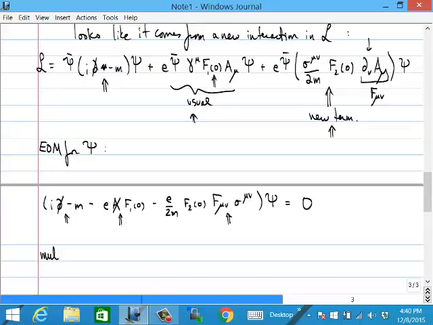So in particular, what I want to do, and this is just a trick that we've used a few times before in this class, is essentially square this Dirac operator. But I'm not going to exactly square it.